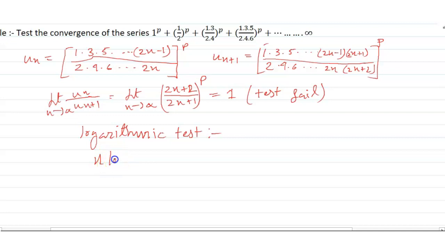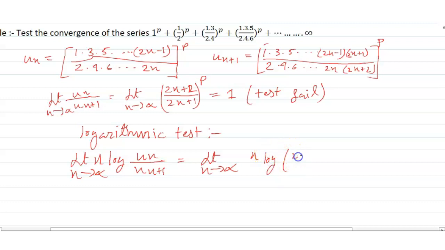Limit n tends to infinity of n into log of un divided by un plus 1, and the formula gives log of (2n plus 2 divided by 2n plus 1) whole to the power p.